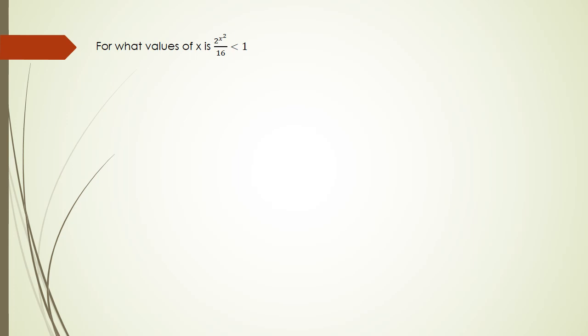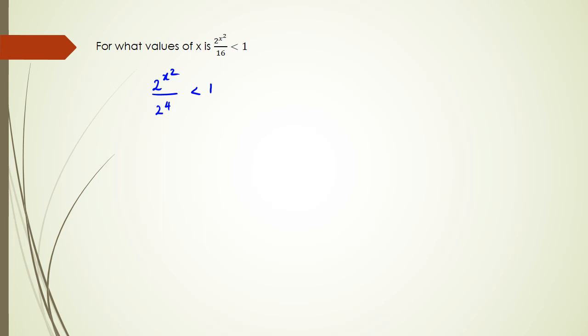Alright, so a couple of ways you can actually do this question, guys. Even if you don't know where to start off from, I want to give you a bit of a clue. When you would have started this, most of you might have done this. You'd have gone 2 to the power of x squared, and instead of 16, you would have put 2 to the power of 4, is less than 1.